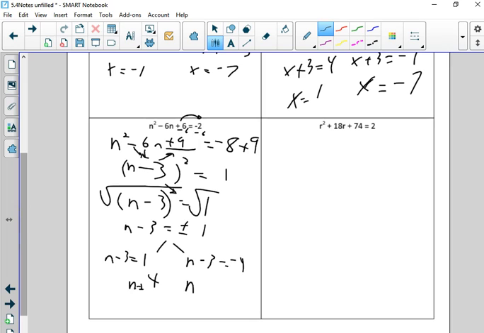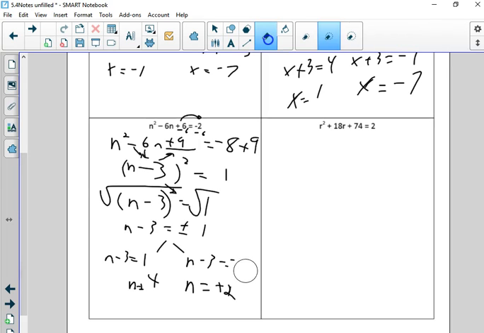Add 3. N equals negative 1. Sorry, that was negative 1 after this negative 2. And be positive 2. I can't read my writing, that's a 1 there. So negative 1 plus 3 is 2.